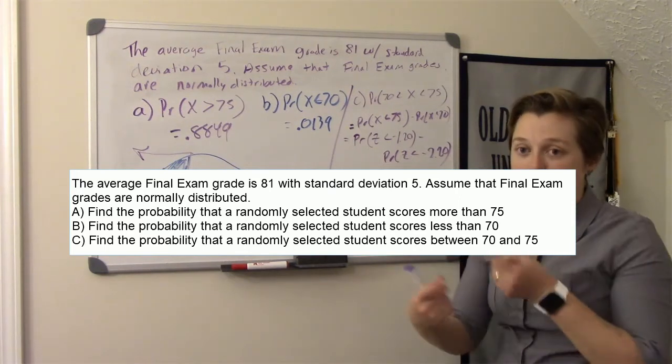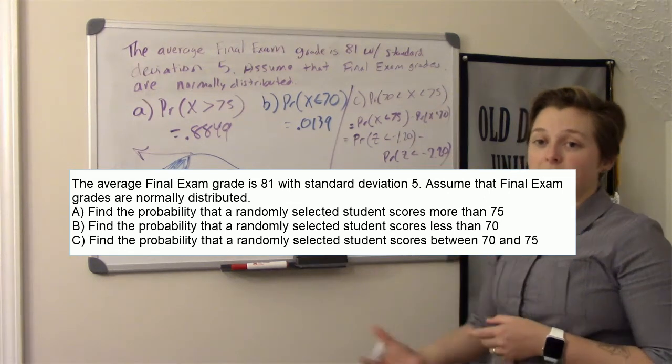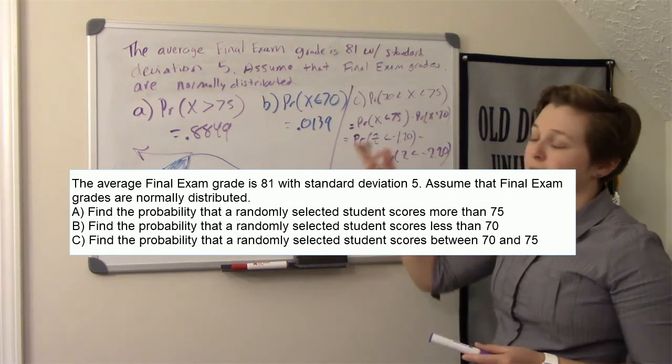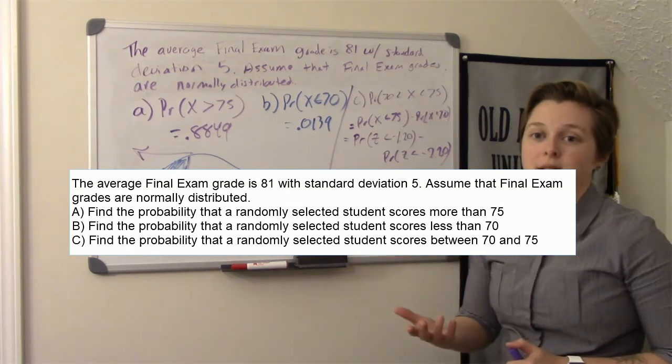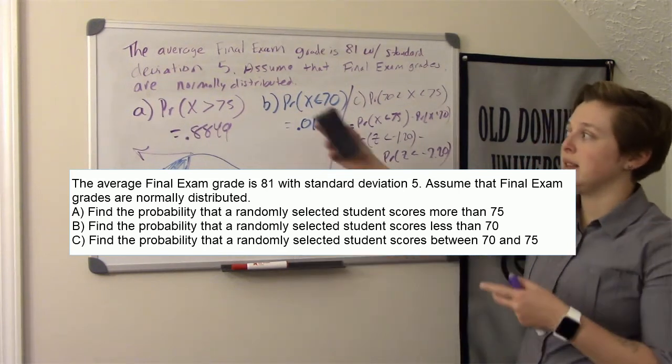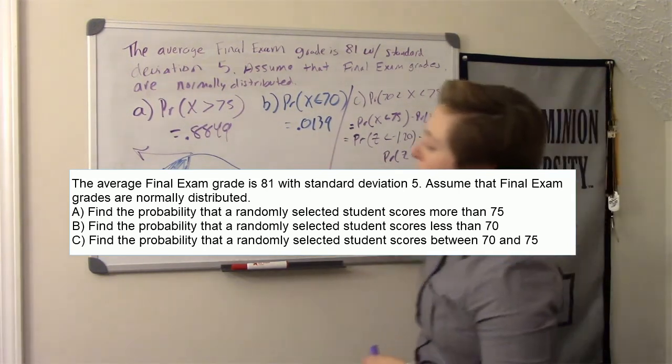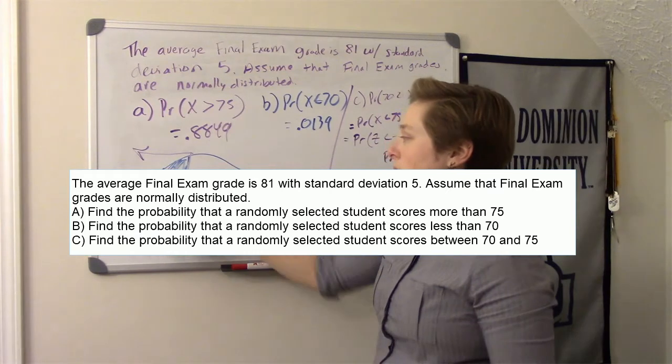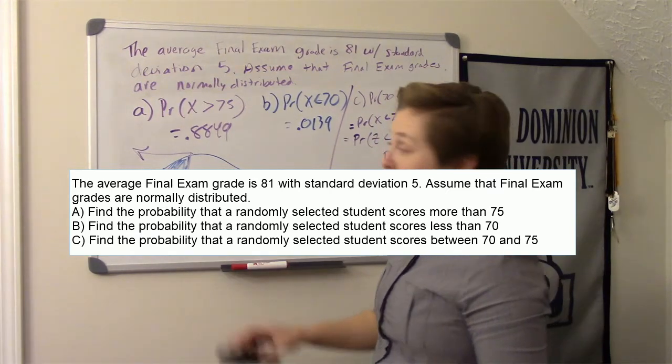Now let's flip it around and ask for a percentile this time. You should also be able to answer questions where you have to find a percentile. It's basically doing these types of problems in the reverse direction, where I know the area and what I'm trying to do is find the x values.